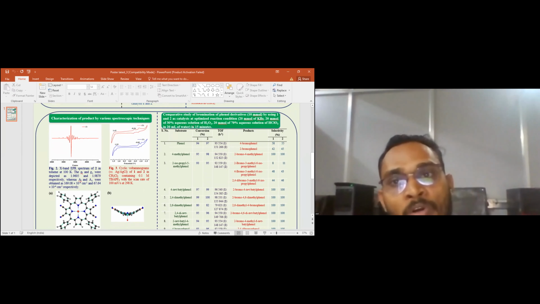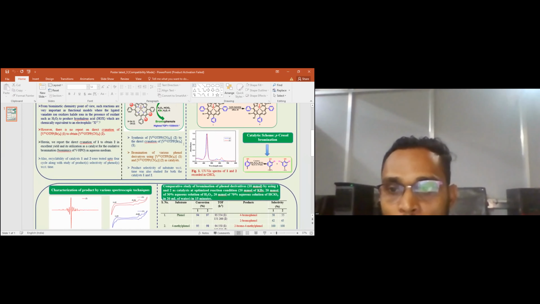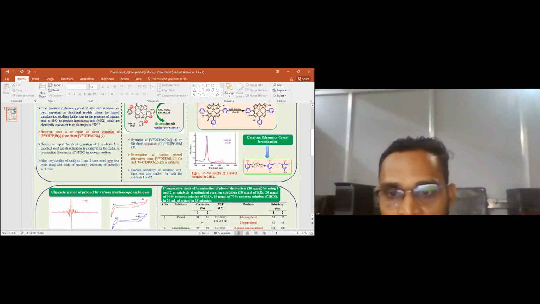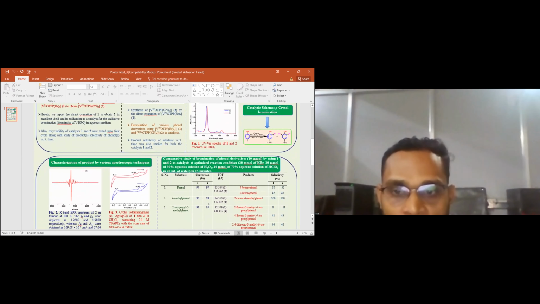We have seen that within 15 minutes the conversion of phenols is very good. In some cases we are getting around 100%, and in some cases close to 100%.